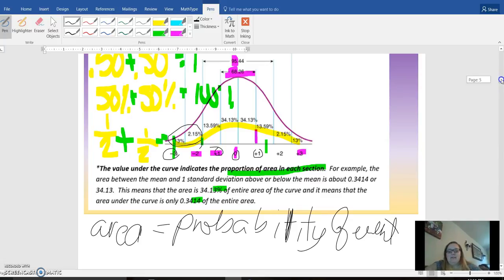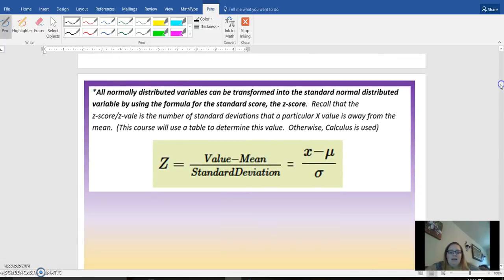I'm going to spend several videos explaining this, not just with words, but with math, so you can see the concrete numbers. And so the basis of all this is the z-score. It's called the standard score. The number of standard deviations away from the mean. Remember the mean is 0.